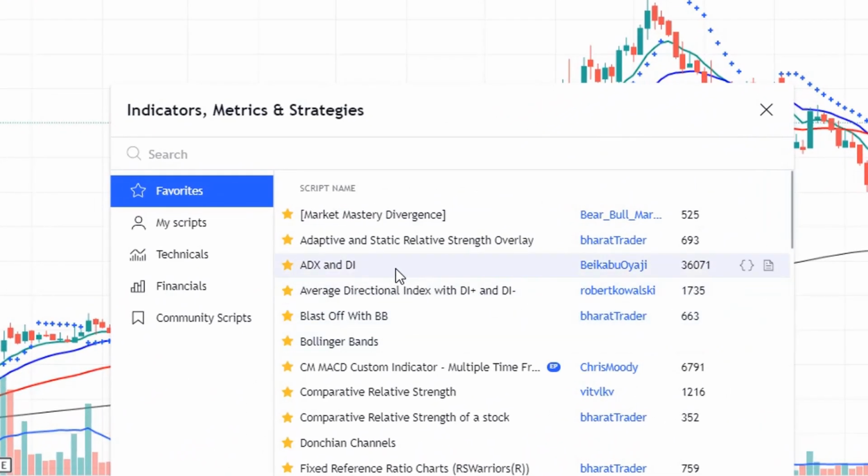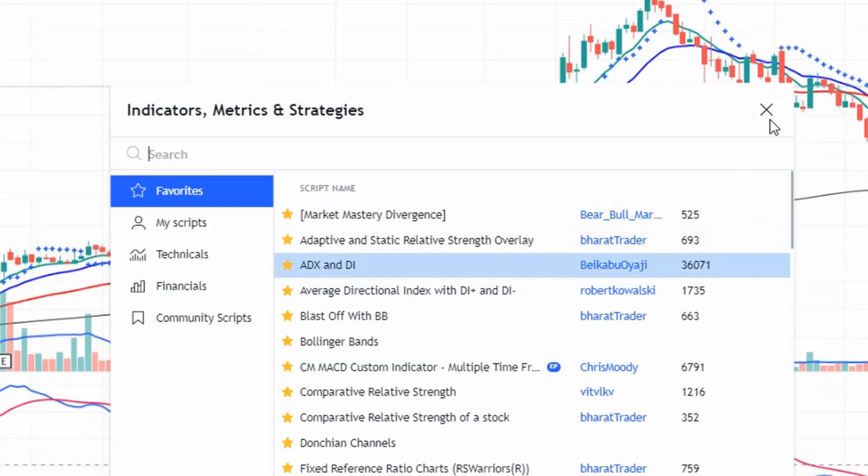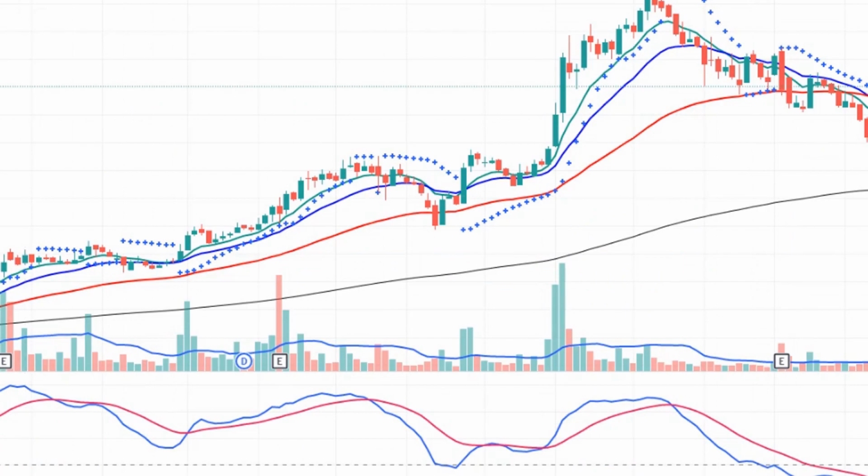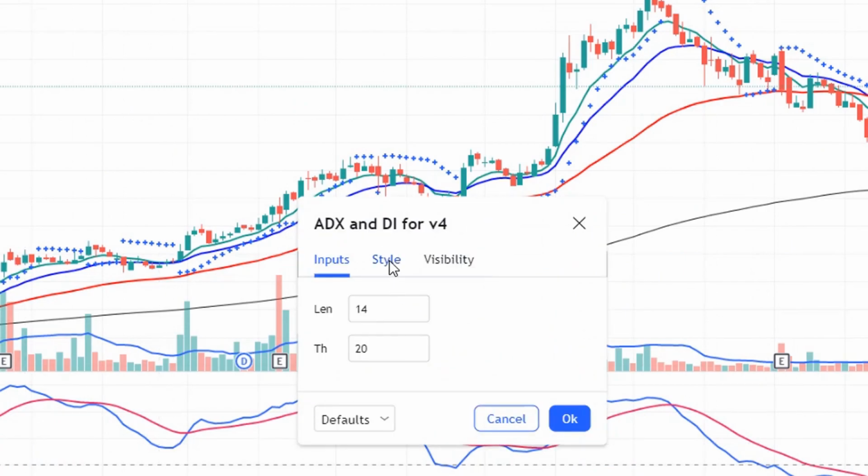So I use this one, ADX and DI. Here is the author name, and almost 36,071 people are using this one. So in this we will use 14.